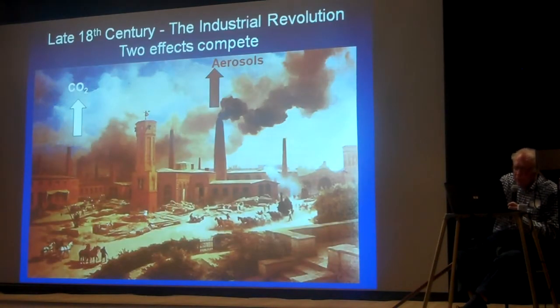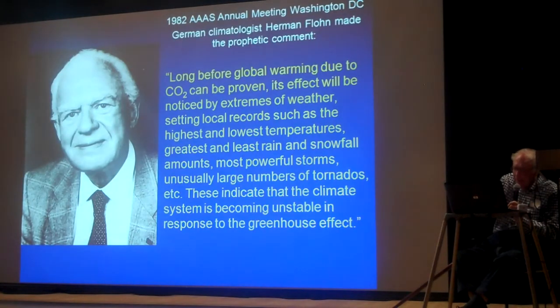And now we come to what has happened more recently, the Industrial Revolution, which has two competing effects, introducing CO2 into the air and aerosols into the air that reflect sunlight.